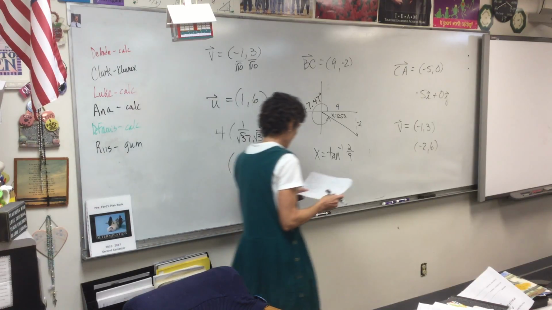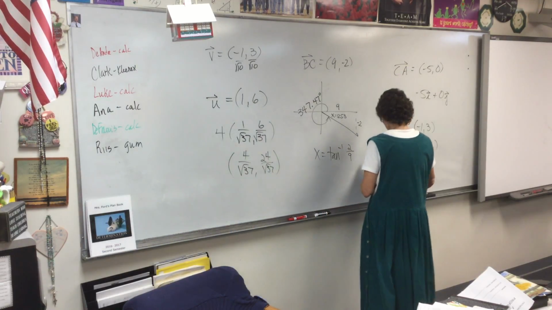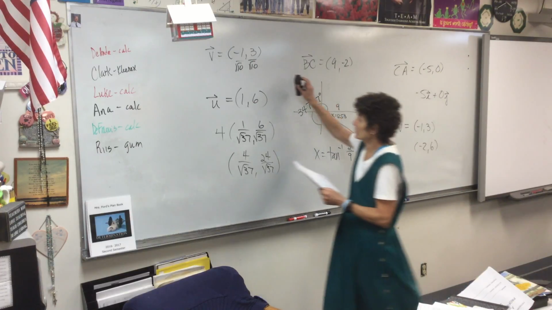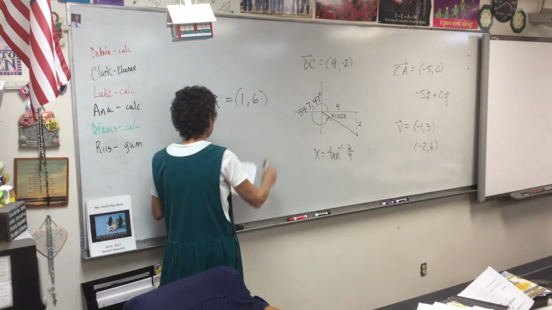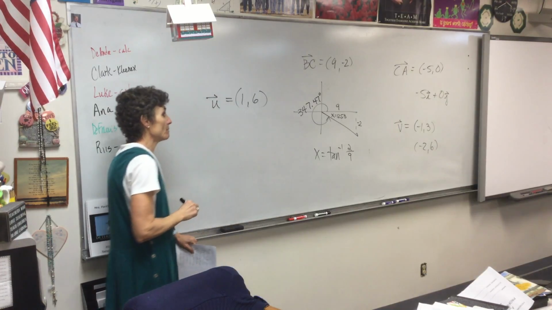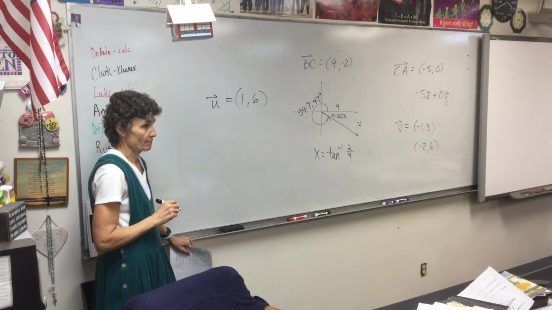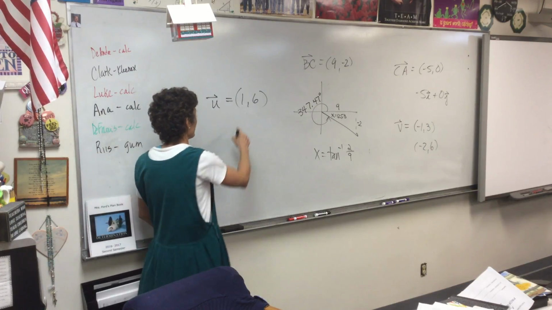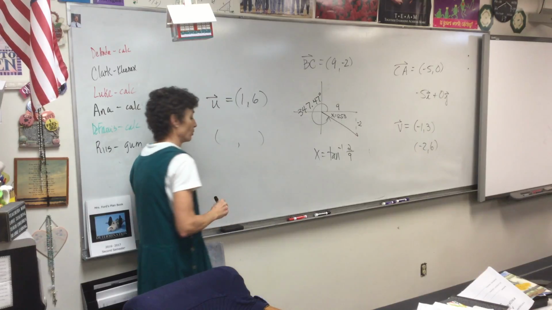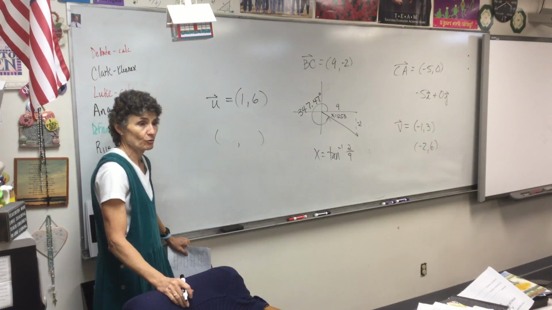All right, now I want one orthogonal. Remember that vector word, orthogonal to u. So here's u, and I want a vector orthogonal to it. Okay, so can you think of a vector that would be orthogonal, perpendicular, to vector u?